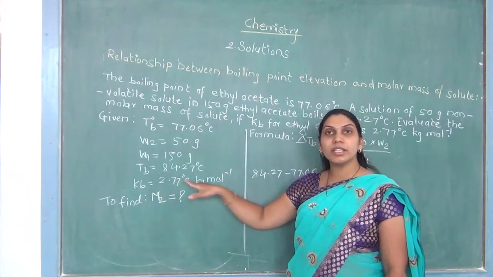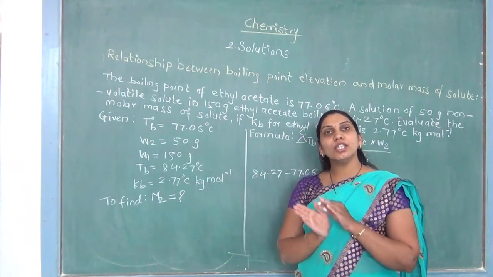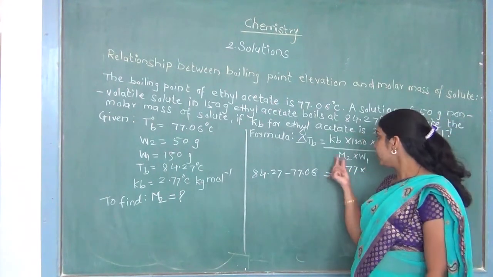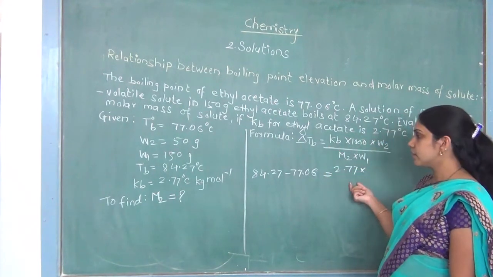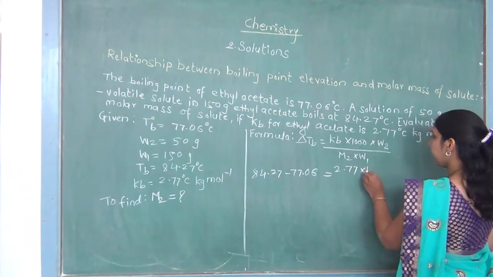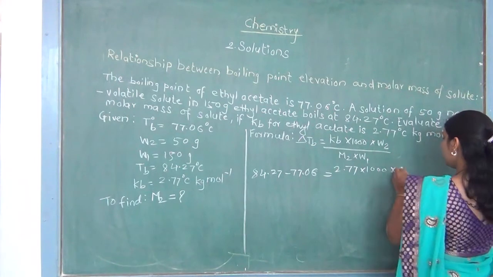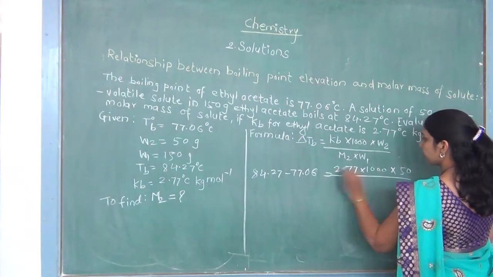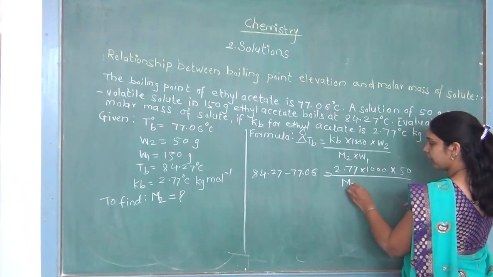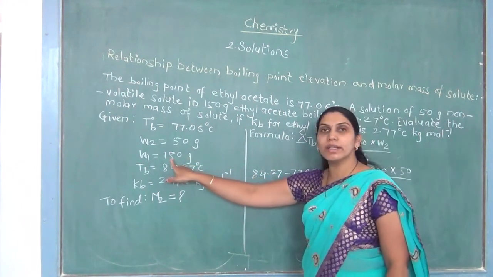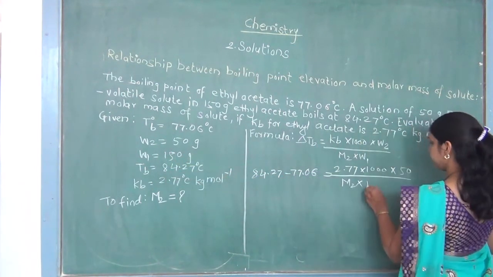So whenever Kb is given in degree Celsius, you use the same value for Kelvin. So I write for the Kb 2.77 multiplied by 1000 into W2. What is W2? W2 is 50 divided by M2, that we have to find, and multiplied by W1. W1, the value is 150.